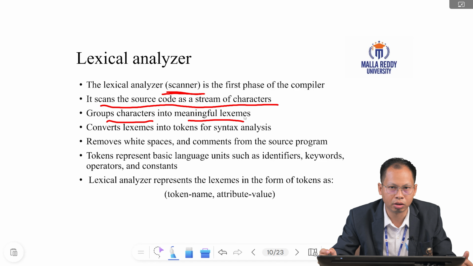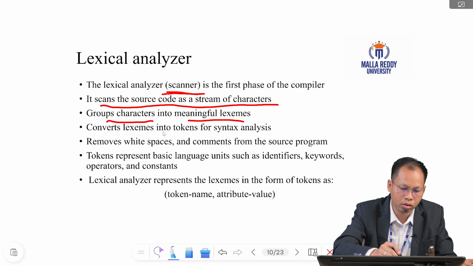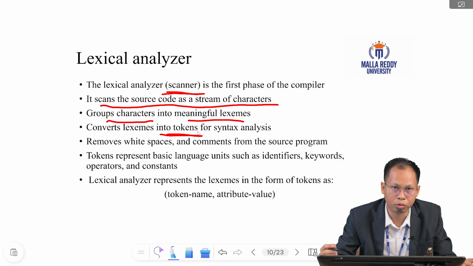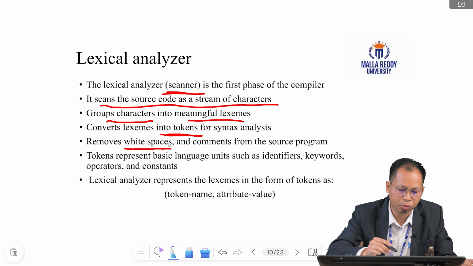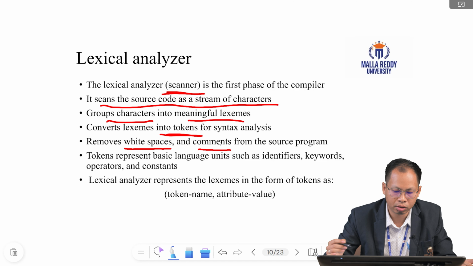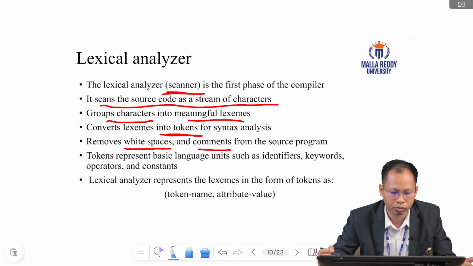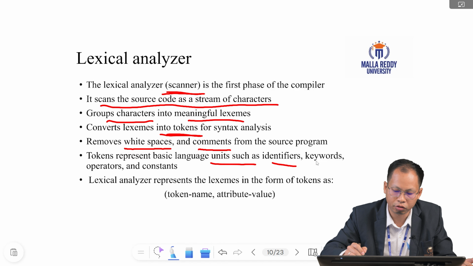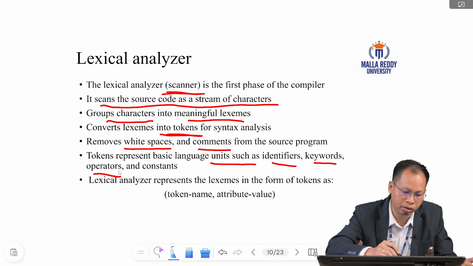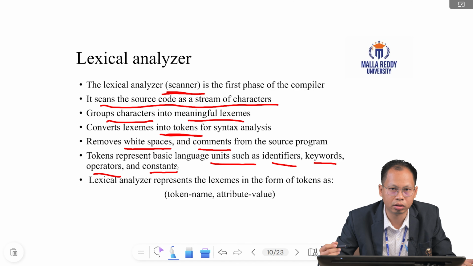Those lexemes are converted to tokens, which are the output of the first phase. Here we also remove white space and comments in the source program. Tokens are the basic units such as identifiers, keywords, operators, and constants. Those are the tokens given as output by the first phase of the compiler.